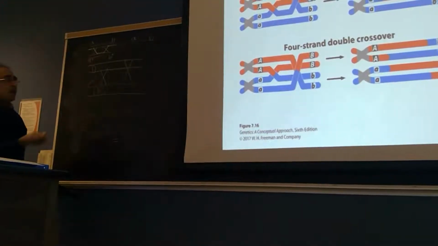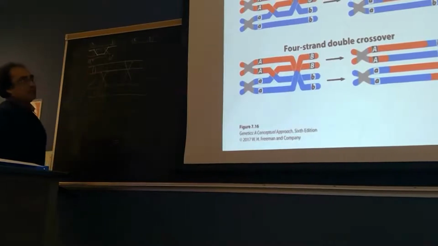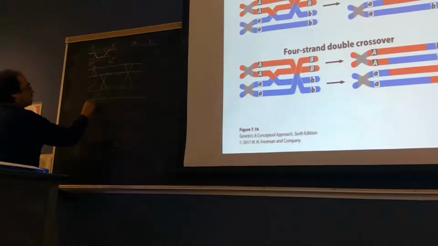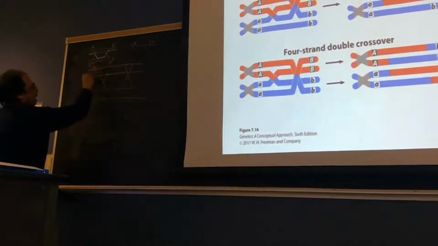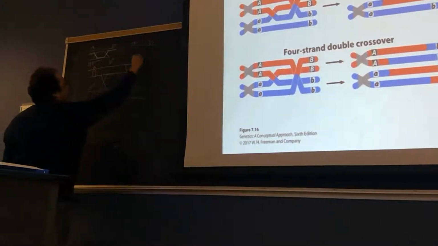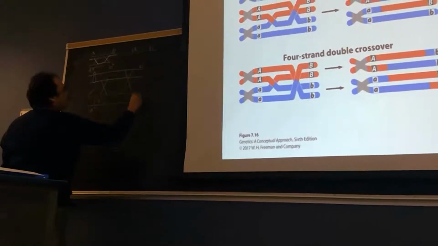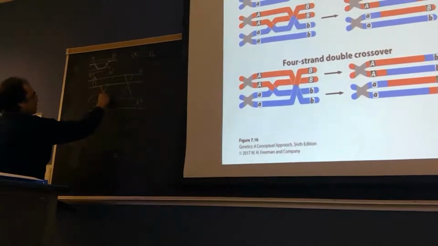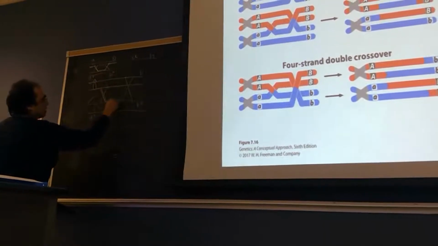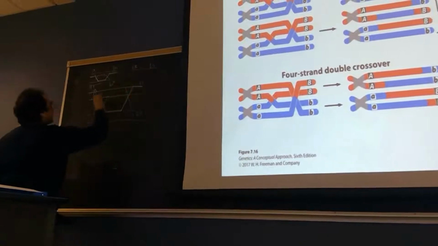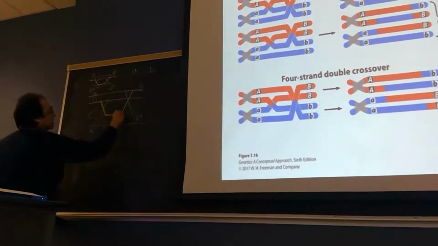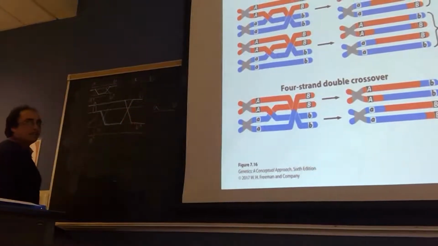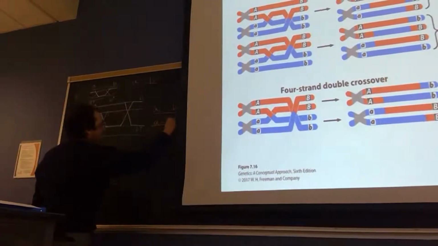Okay? If there are two strands involved, in such a case, we can have this A and this one is A plus. So A, and here is one crossover between B and B plus. So for this crossover, in this case, we can have A, B plus.